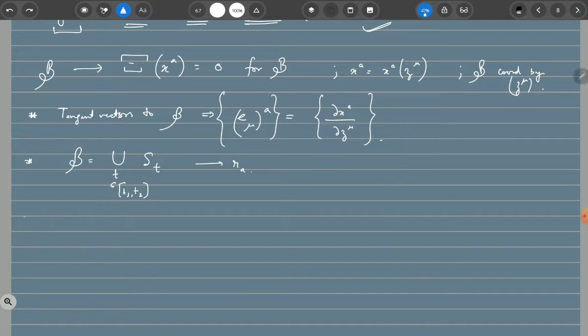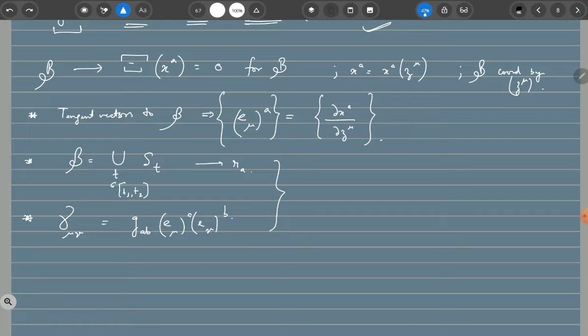Good. So once we have defined the tangent vectors and once we have defined the unit normal, we can define the induced metric on B. The induced metric on B is given by gamma_mu nu, and gamma_mu nu is equal to g_AB e_mu^A e_nu^B.